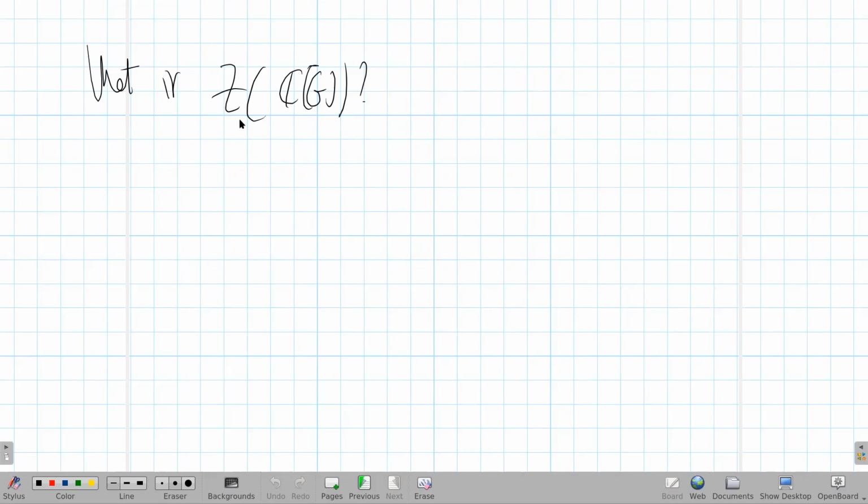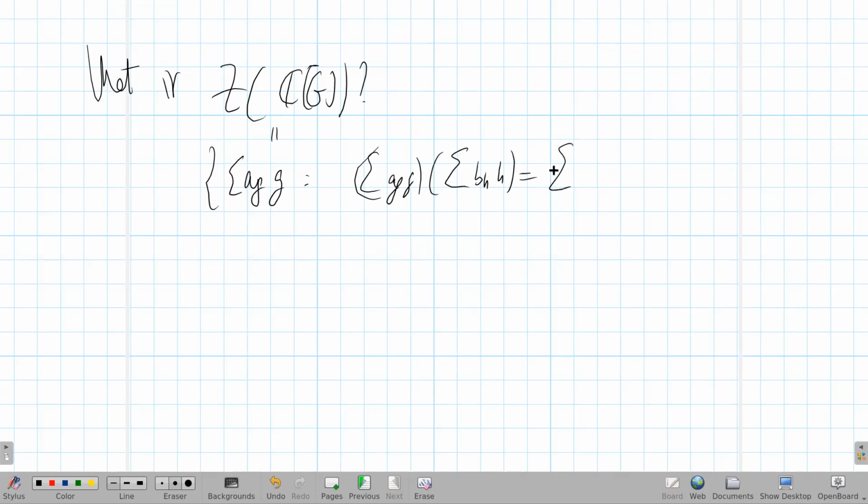So this will be the set of elements here such that they commute with every other element, for all elements in CG.